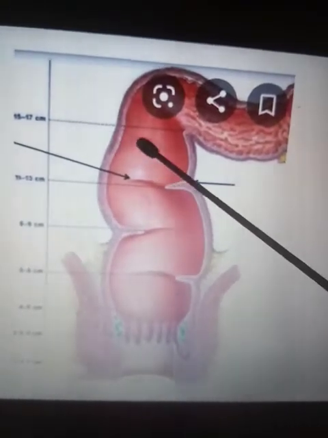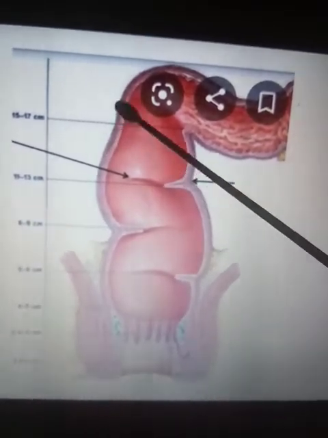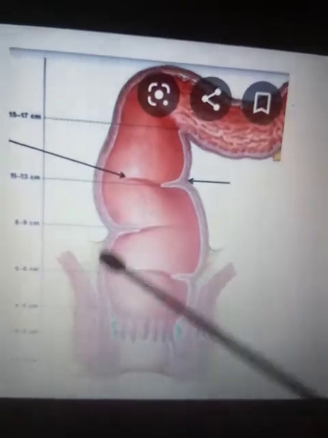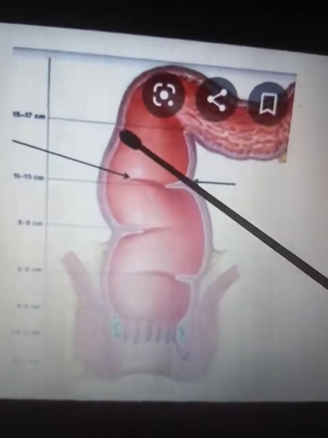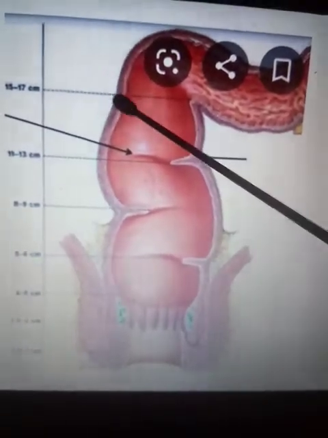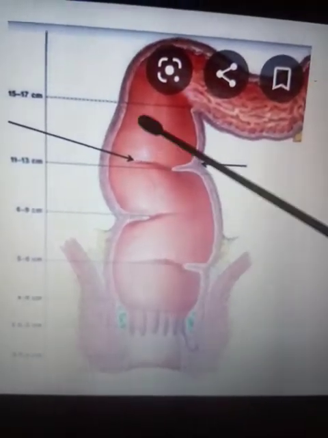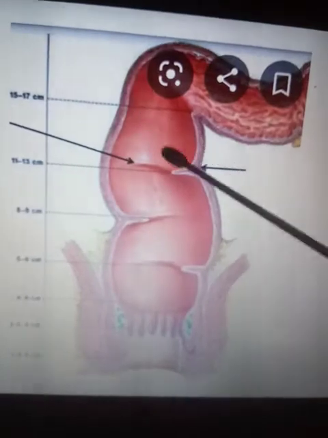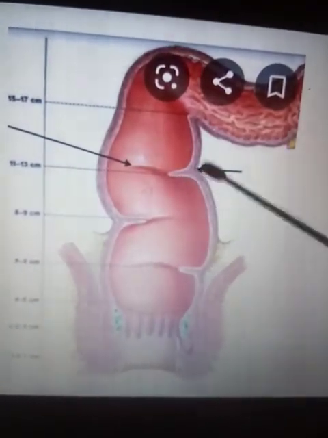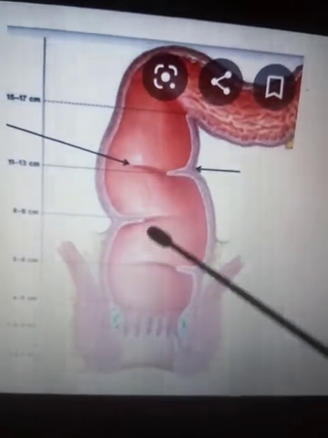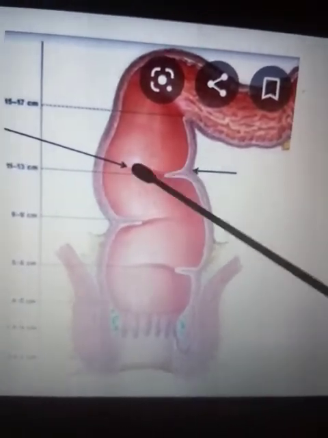One is here. You have a transverse fold on the right side, the first transverse fold, which is 12 centimeters above the anal canal. Then on the left side you have another transverse fold, which is 7.5 centimeters above the anal canal.